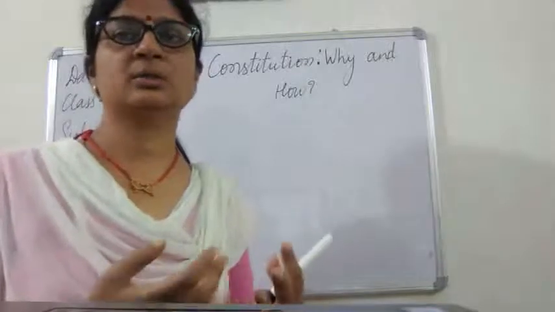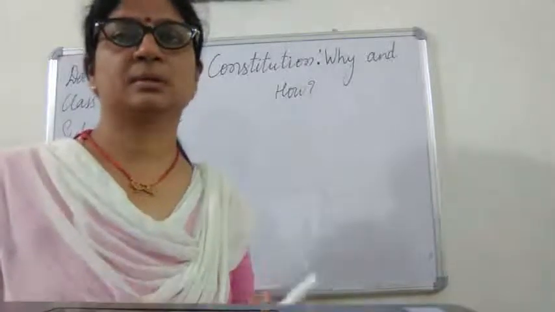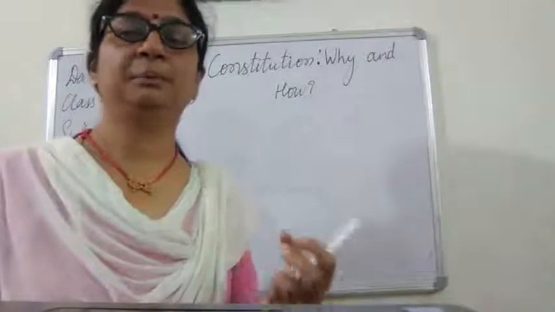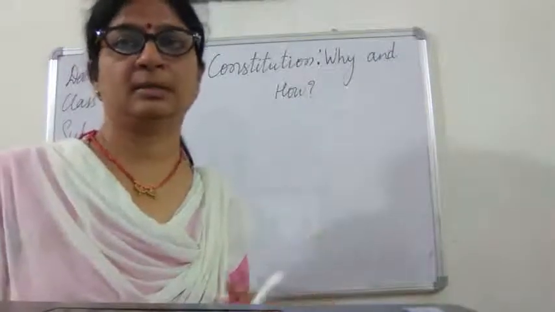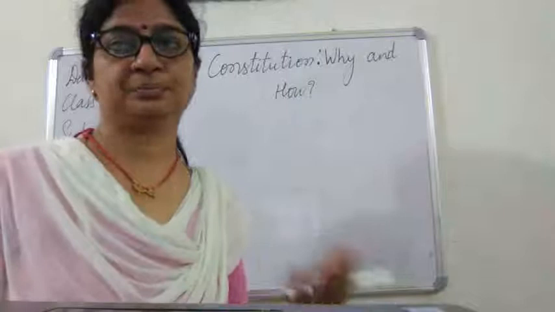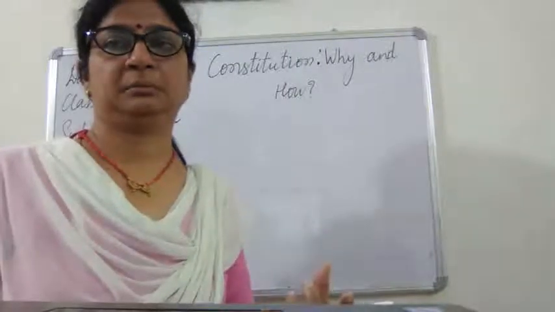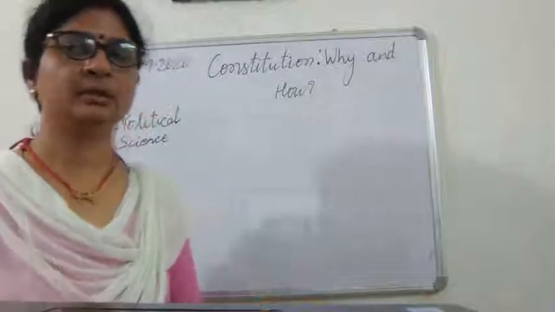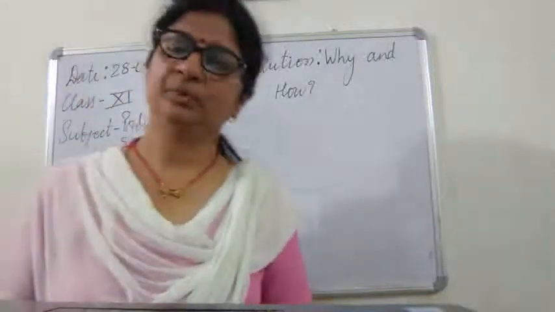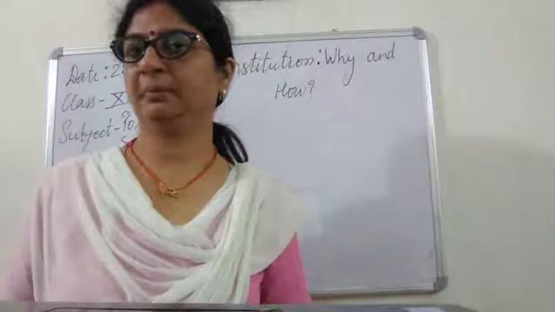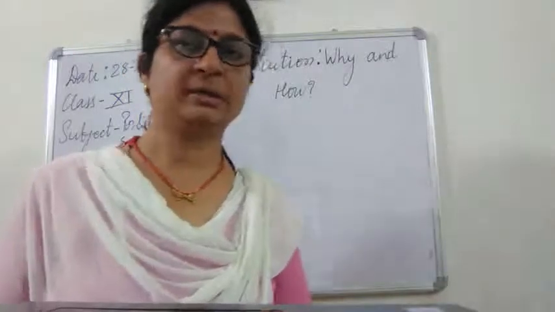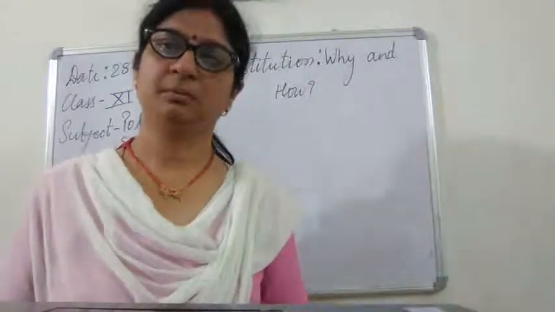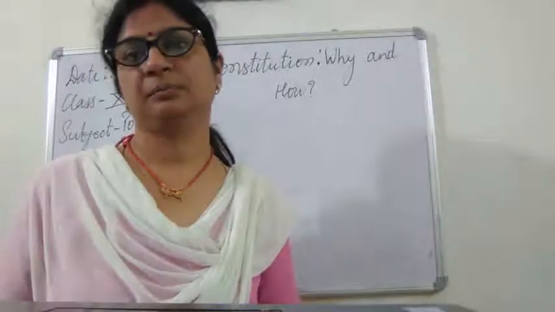Or it can also impose some restrictions, like people belonging to a particular caste should not be allowed to enjoy some freedom. This type of irrational and illogical laws can also be made by the parliament, because the constitution has given it the power to make laws.